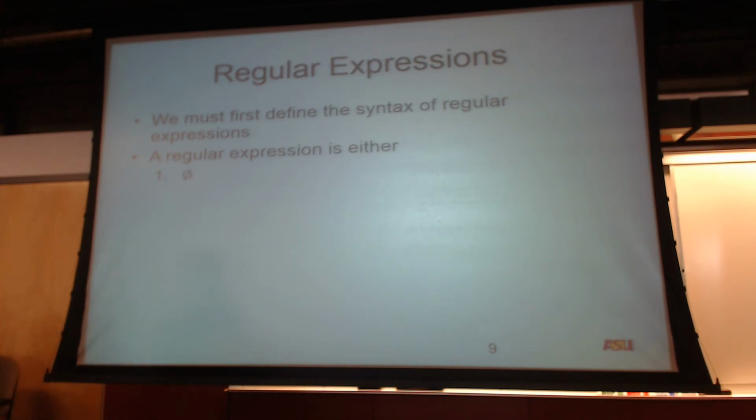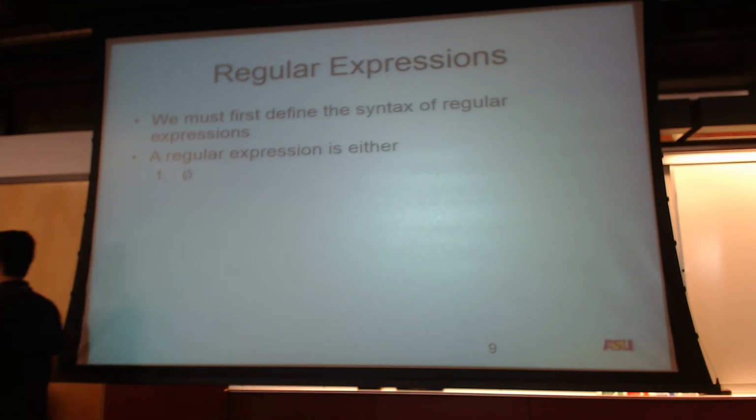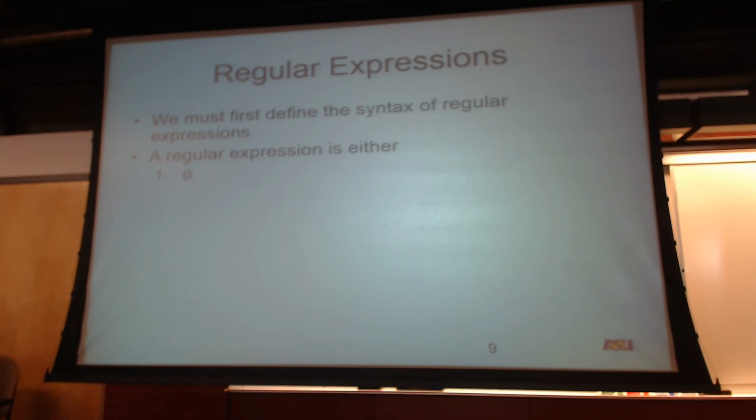Epsilon was what? The empty string. Now phi is an empty regular expression. What does it mean? How do we use it? No idea, just wait and watch. So there is a phi, which we call an empty regular expression, and then there is an epsilon, which is an empty string. Now we have two things: an empty regular expression as well as an empty string. Double scrambling.